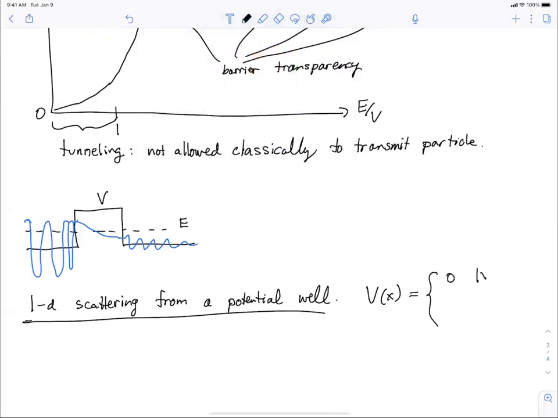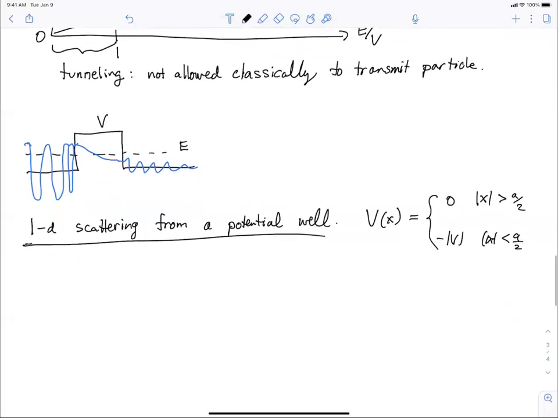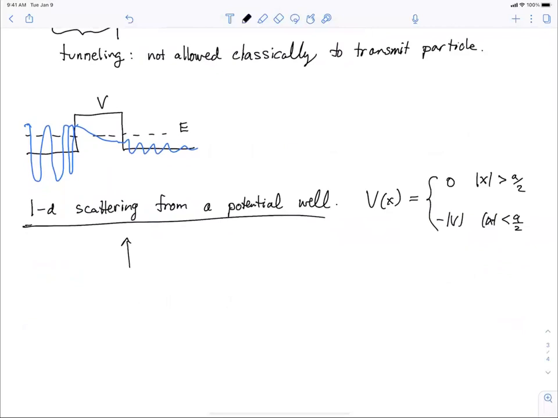So it's still 0 if you're outside of the region A/2, but now it's going to be minus its absolute value if x is less than A/2 in magnitude. Okay, and so drawing that, there's minus A over 2. There's A over 2. And the potential well looks like this.